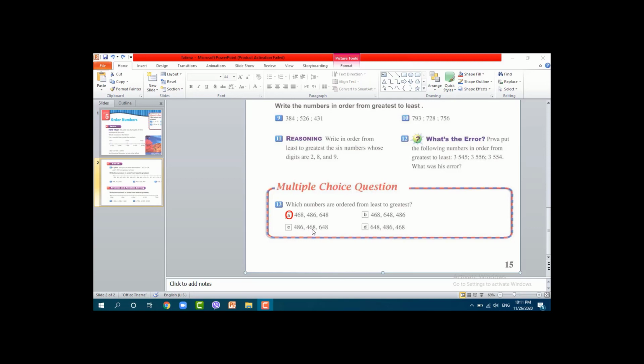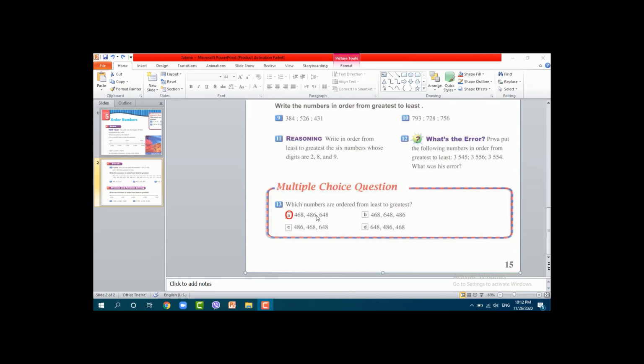It's not true too because 6 in the tens place is 60. It's smaller than 80. Then C is not true too. Now we get to D. In D, write 648. After that, 486. It is not true too because 600 is greater than 400.